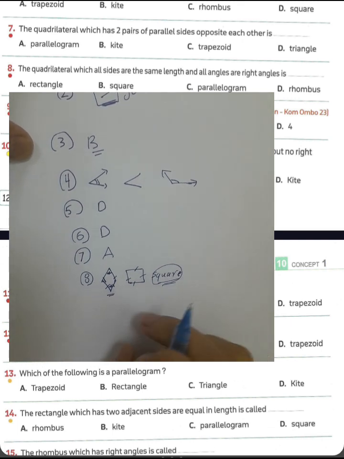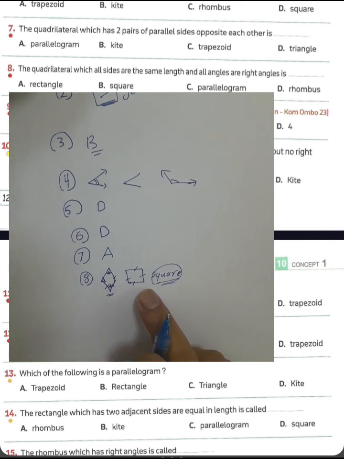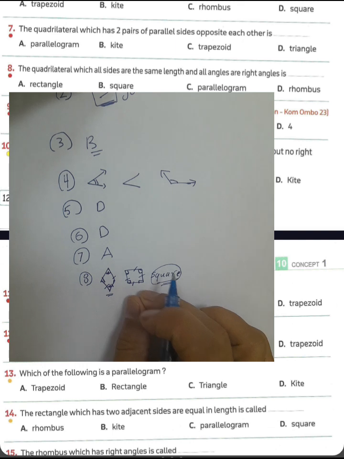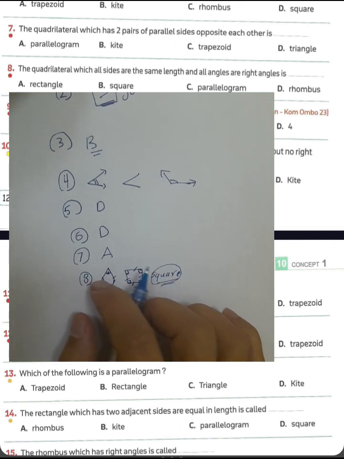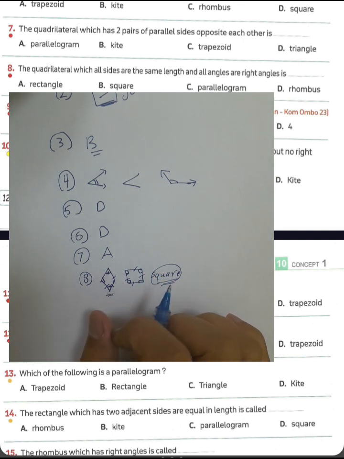In a square, all sides are equal lengths and each angle equals 90 degrees. All angles are right angles in a square and all sides are equal lengths. But in a rhombus, all sides are equal lengths and the angles are not right.